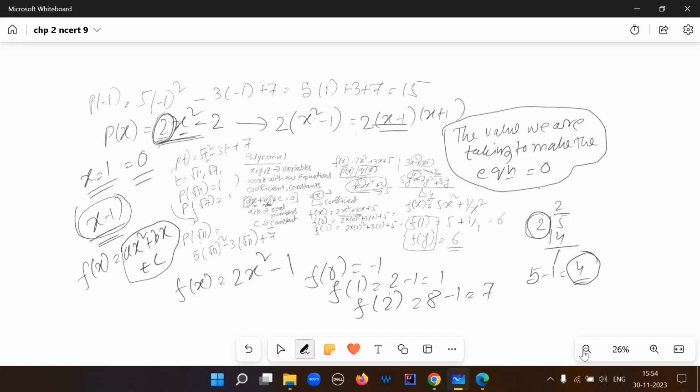Okay, but if I exclude 1 from there, the equation is, sorry, maybe 2x square plus 1. So f of 0 will be 1, for 1 it is 3, and f of 2 is 9. Sorry, it's a mistake.